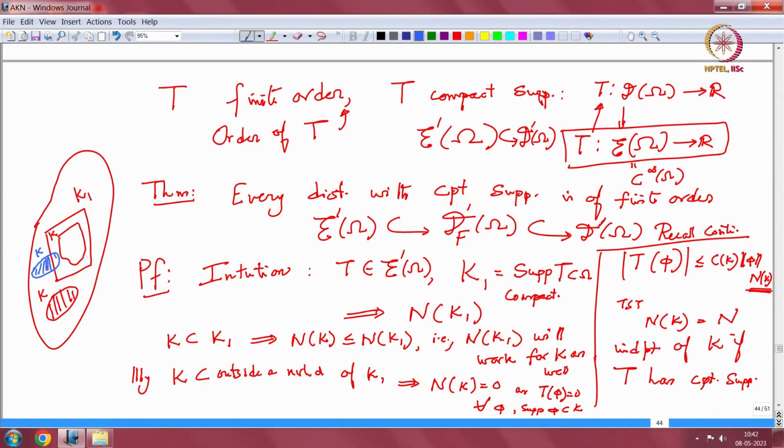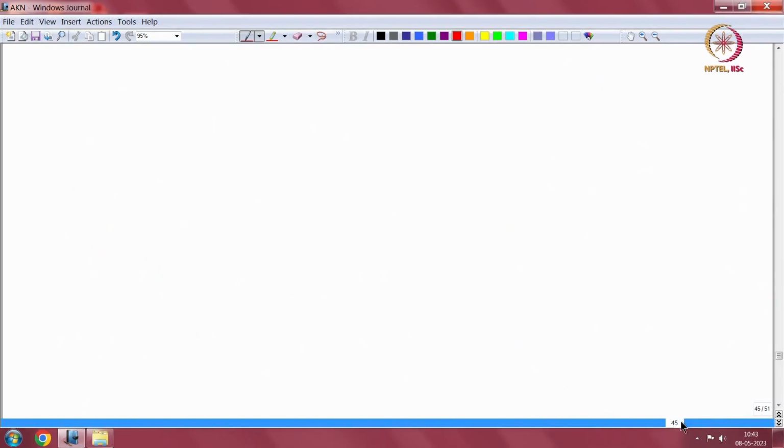If K is here, your nK1 will work basically. So, the only issue is that you may need more in a neighborhood of that. So, you probably have to take a K slightly bigger than K1, and that should work for every phi. Now let me complete the proof with that.